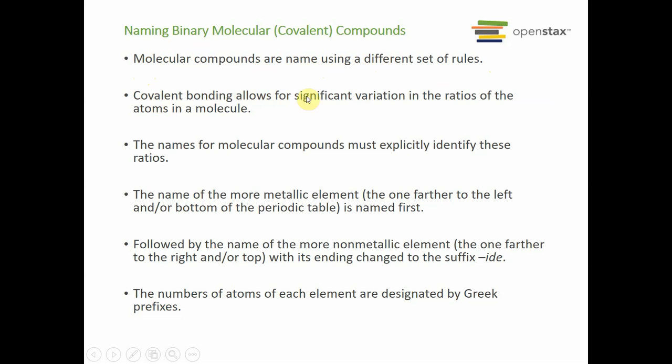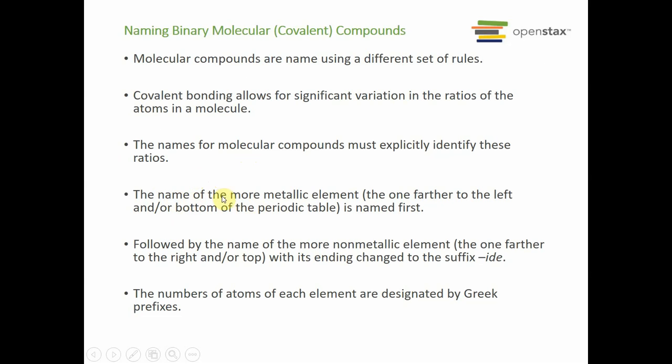Covalent bonding allows for significant variation in the ratios of the atoms in a molecule. The names for, I'd change the word to formula here. Covalent bonding allows for significant variation in the ratios of the atoms in a formula. The names for molecular compounds must explicitly identify these ratios.